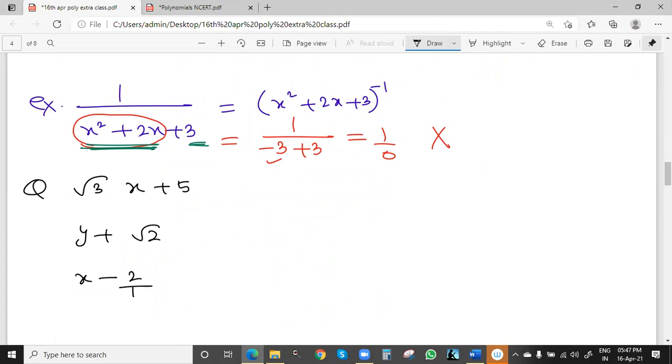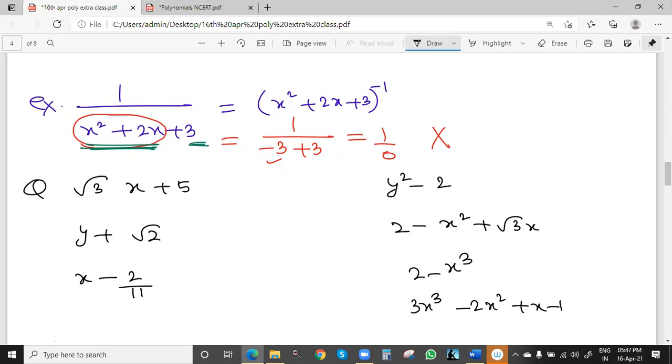Then x minus 2 by 11, y square minus 2, 2 minus x square plus root 3x, 2 minus x cube, and 3x cube minus 2x square plus x minus 1.